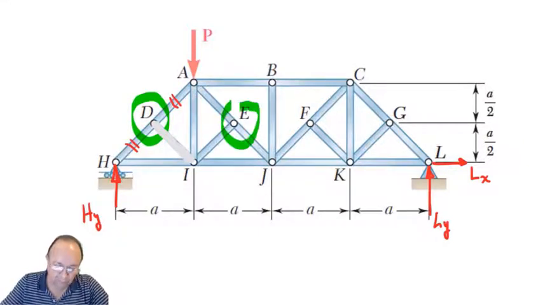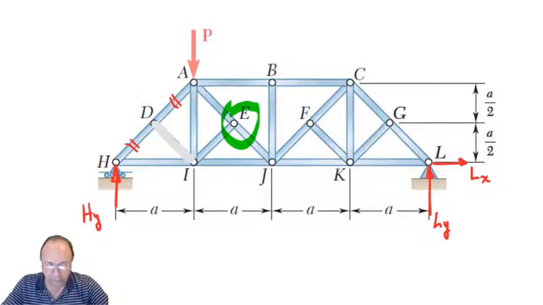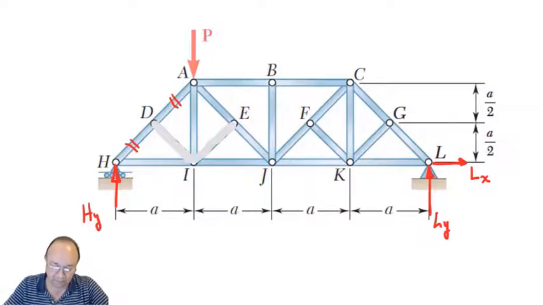Joint E. IE has to be zero. Right? Because there is no force on this side to balance that one. That's another way to see it. And bar AE equals bar EJ.